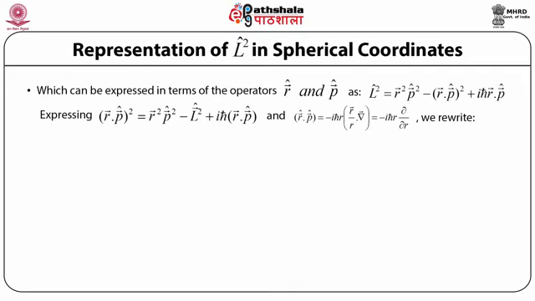Now we can express the operator L square and the operators Lx square, Ly square, and Lz square in terms of the operators R and P, where R is the radial operator or the radial vector, and operator P is the momentum operator or the momentum vector.